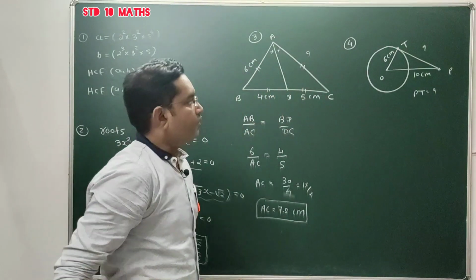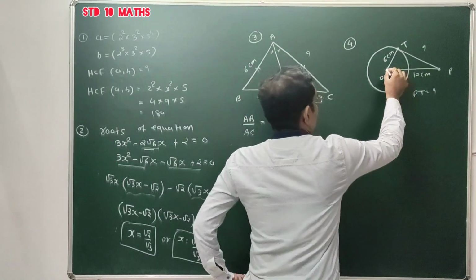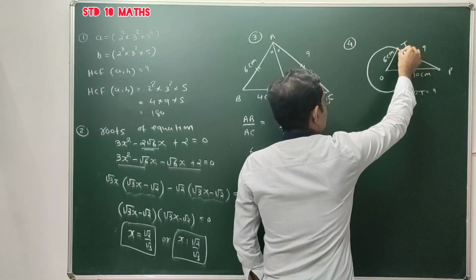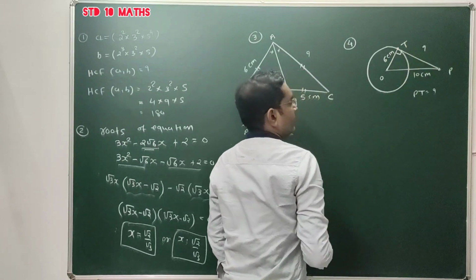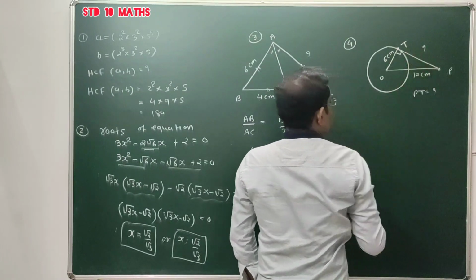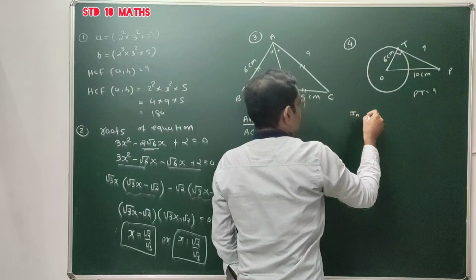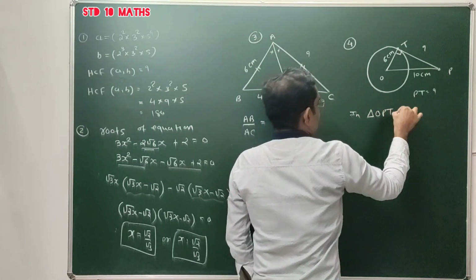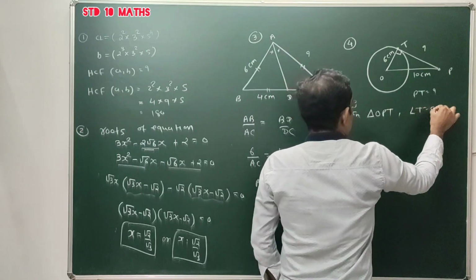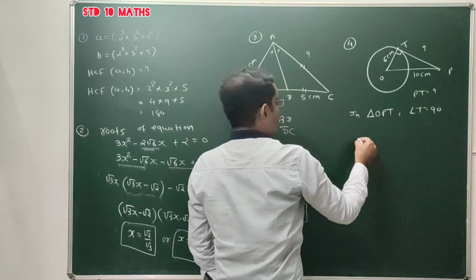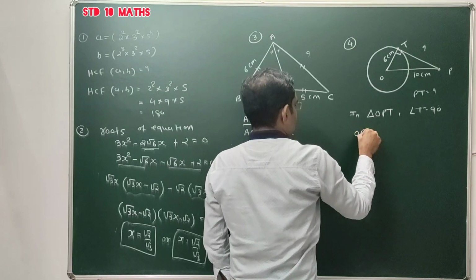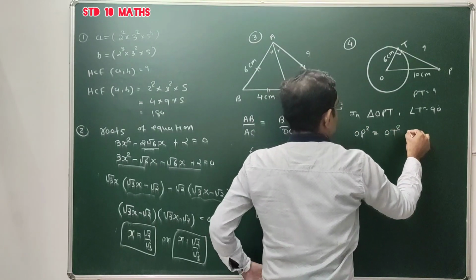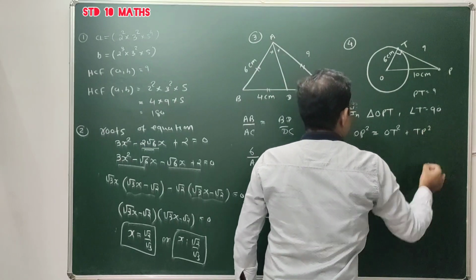Simple. What is the logic? Here the radius drawn from the center of the circle to the point of contact of a tangent is perpendicular to the tangent. So this will be perpendicular. So triangle OPT is a right angle triangle. So in triangle OPT, angle T is 90 degree. Done. So here we can write according to the Pythagoras theorem, OP square equal to OT square plus TP square.